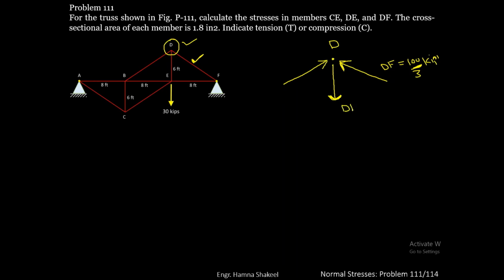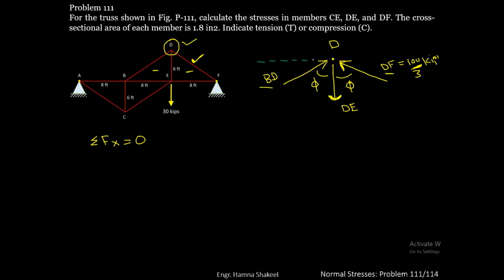So here you have got DE force and here you have got BD force. So if you apply equilibrium conditions, sum of Fx equals 0, here you can see that both these angles, let's call it phi, are same because these two triangles are symmetric.